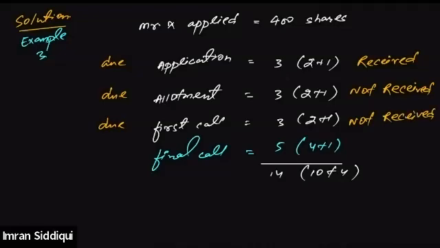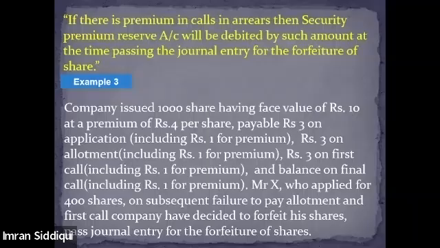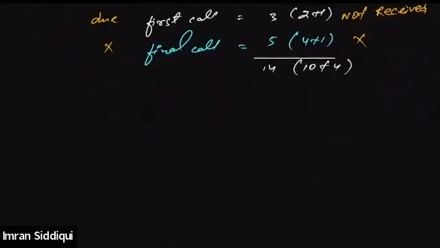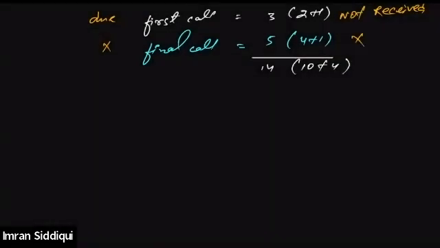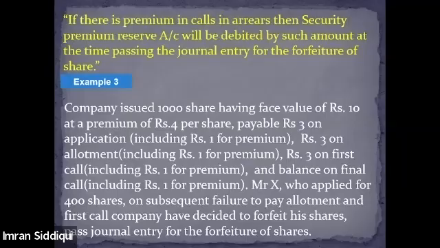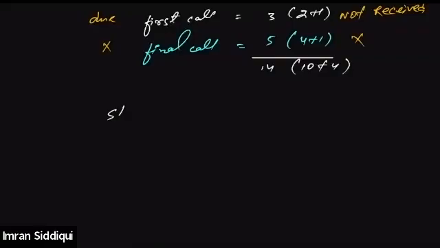Thereafter, the company did not call for the final call, neither did the company receive this amount. All right, is that clear? That is what the question is telling us. And after that, the company has decided to forfeit his shares. So first of all, let's start the journal entry. Write down share capital account debit.